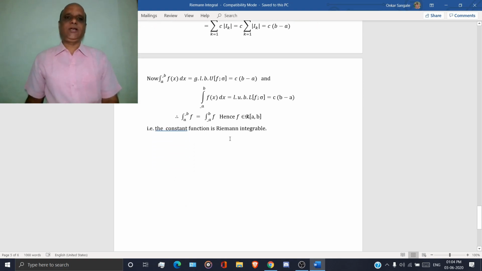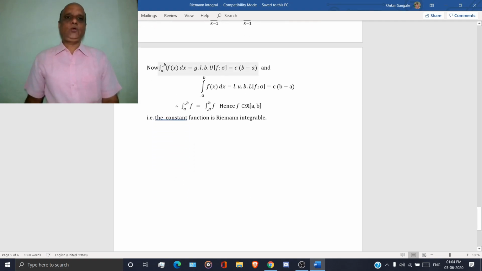Now by definition the upper integral from a to b of f of x dx is the greatest lower bound of the upper sums for f corresponding to subdivision sigma, and clearly it is c times (b minus a). The lower integral from a to b of f of x dx is the least upper bound of the lower sums for f corresponding to subdivision sigma, and this is again c times (b minus a).